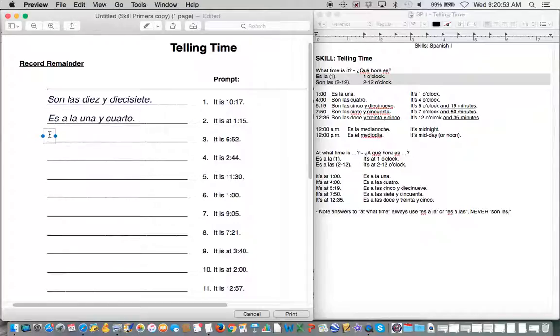All right, number 3. It is 6:52. We're stating the time. So, son las 6. It is 6 o'clock and 52. Son las 6 and 52.